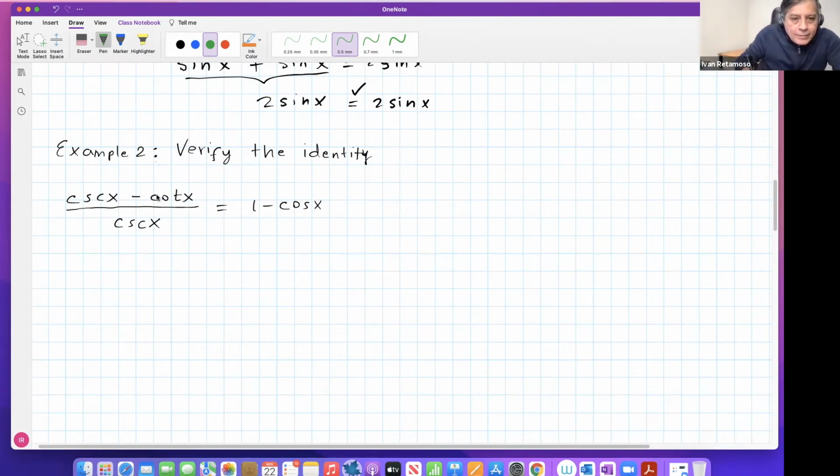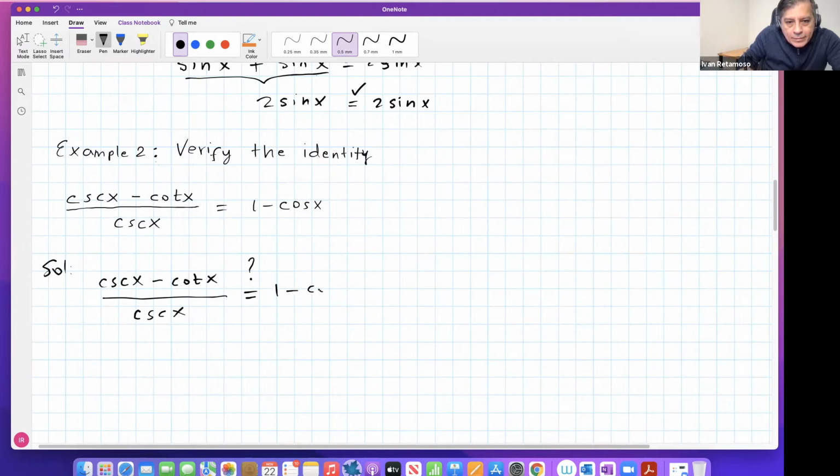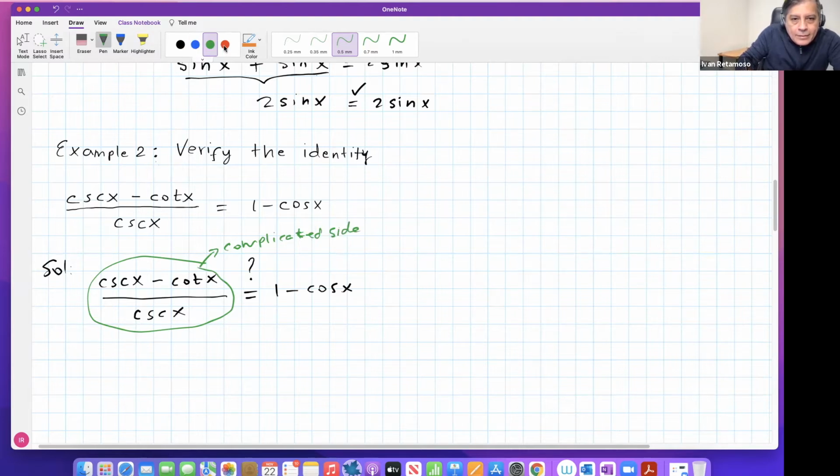So for the solution here, we are going to take for our complicated side the left side, okay? Secant of x equal question mark 1 minus cosine of x. So this will be our complicated side, and the other will be our simple side.